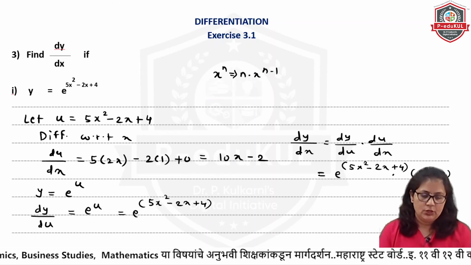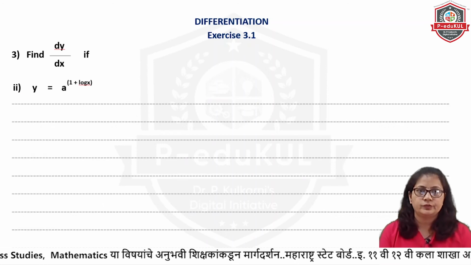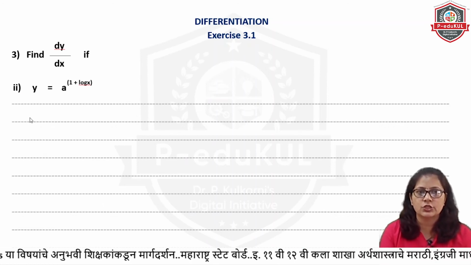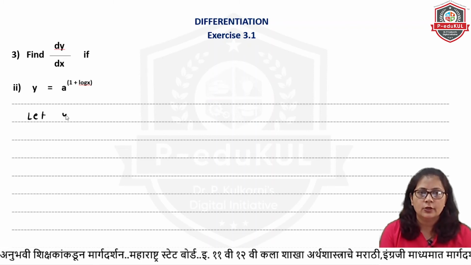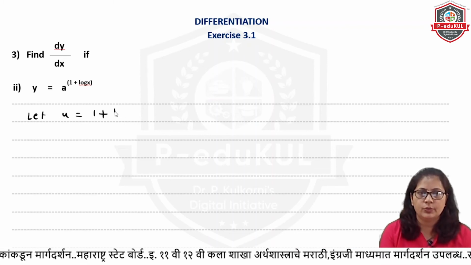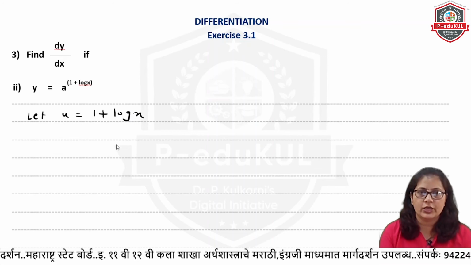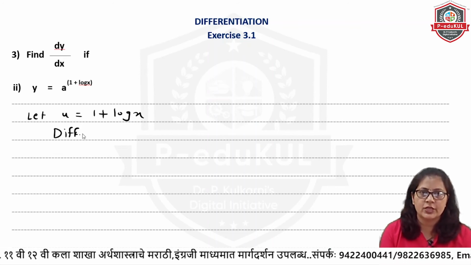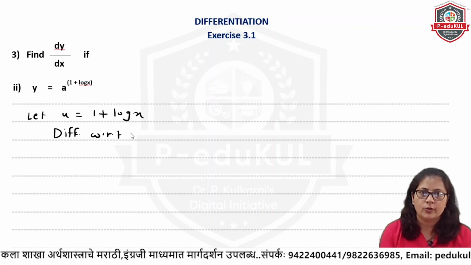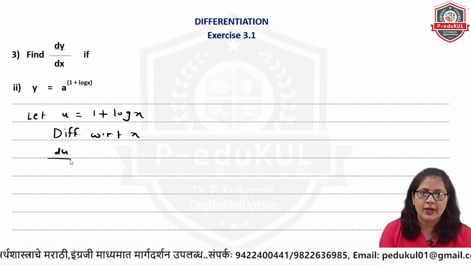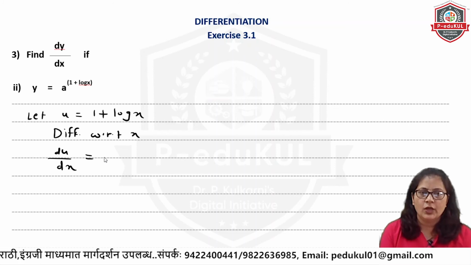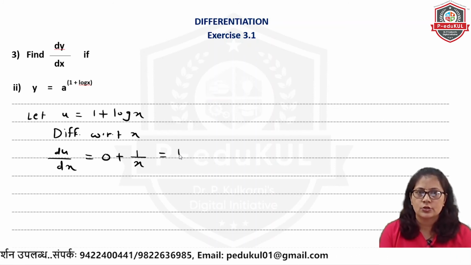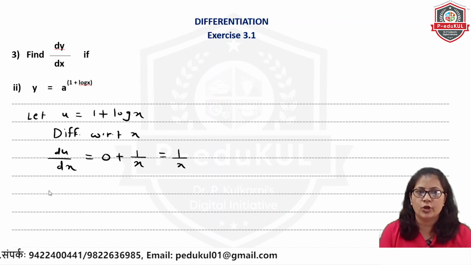That's it. So the next dy by dx, again this is an exponential function, so let u is equal to 1 plus log x. Now I will differentiate this function with respect to x. So my du by dx, 1 का derivative 0, log x का 1 upon x. So my du by dx will be 1 upon x.